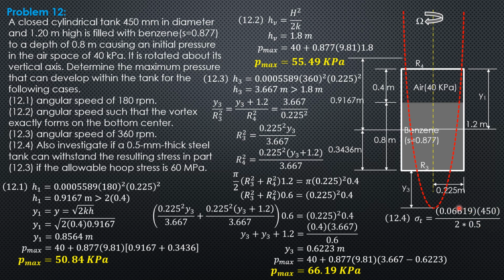The mm cancel, and since pressure is in megapascals, the stress is in megapascals. Hoop stress is 29.79 megapascals, which is less than 60 megapascals. That means this tank can withstand the condition, especially the last condition. So it is safe. I hope you were able to understand the solution.